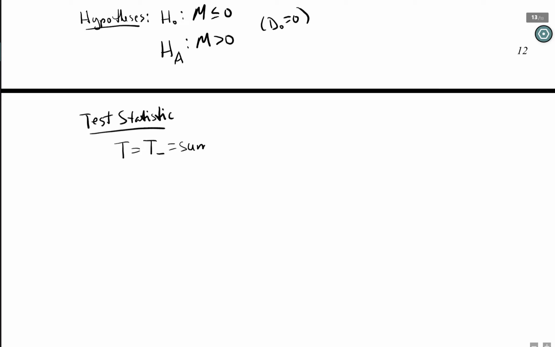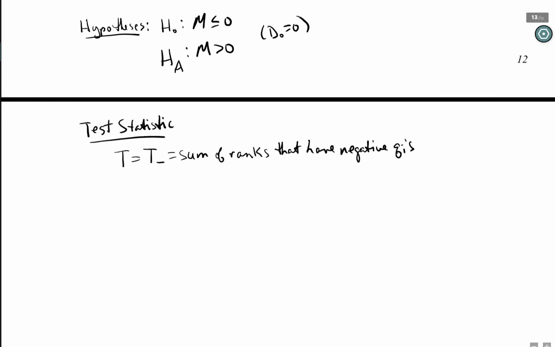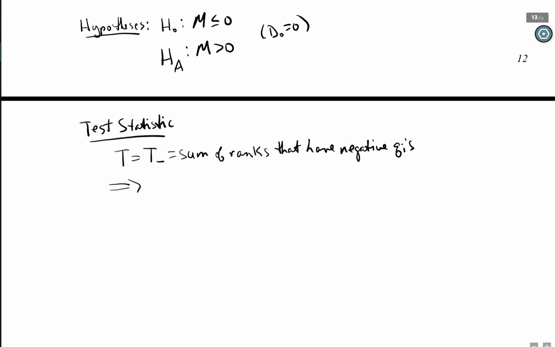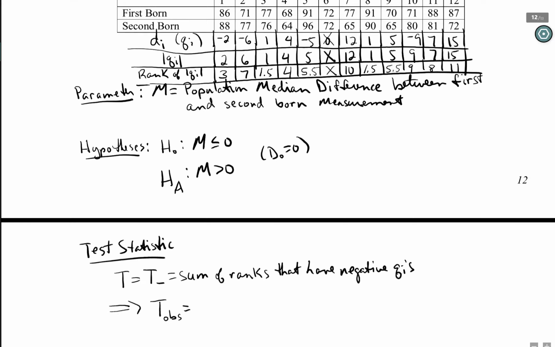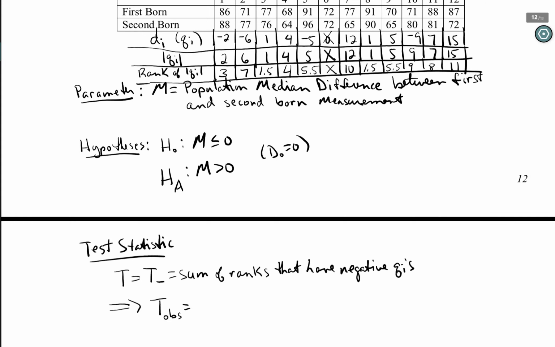It's the sum of the ranks that have negative Q's. Let's see, what does that look like for my observed test statistic? I need to look where I had negative Q's to begin with.